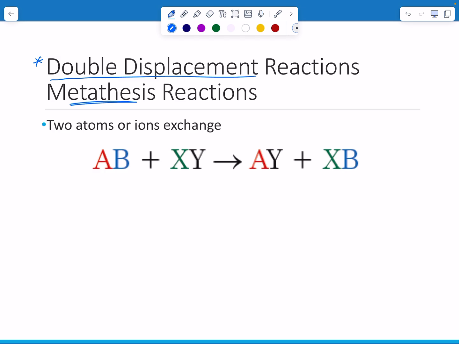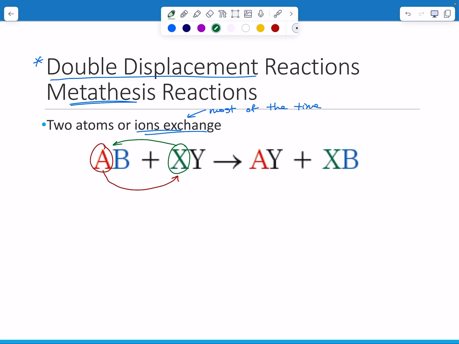So most of the time it's ions that are exchanging. So again, here you've got this element replacing the X and the X replacing the A.